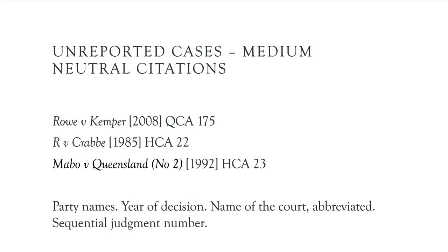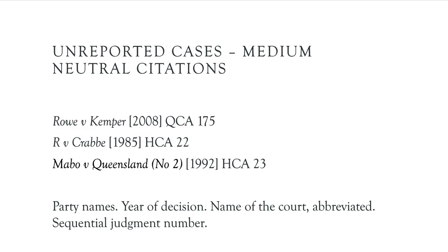Let's have a look at unreported cases a little bit further and what a medium neutral citation looks like. We've got those three citations or cases that I mentioned earlier. But you'll notice that the citations may look a little bit different. They start with the party names, the year of decision, the name of the court abbreviated, and a sequentially assigned judgment number. So for Rowe and Kemper, that case was heard in the Queensland Court of Appeal in 2008, and it was the 175th to be heard.